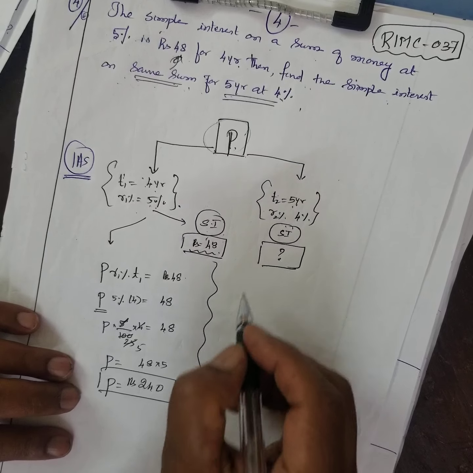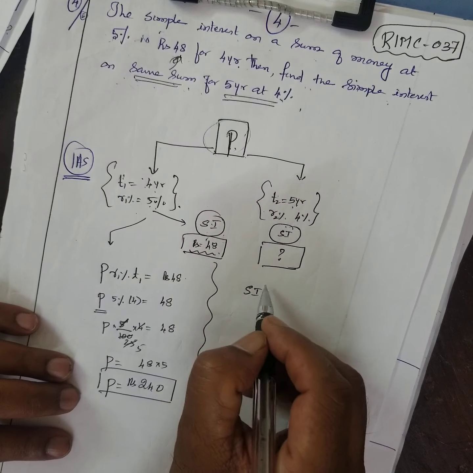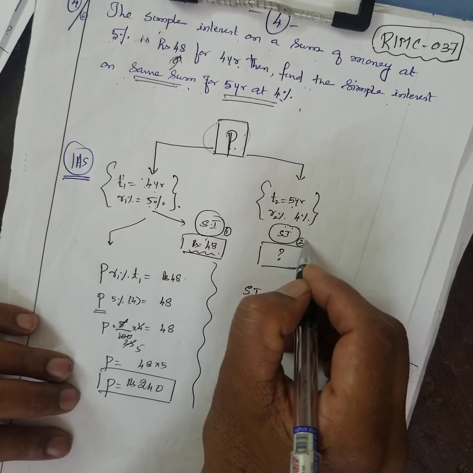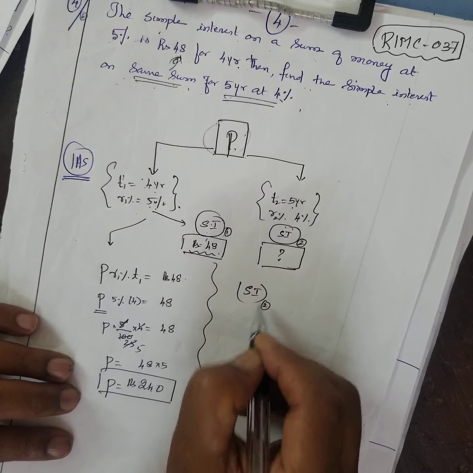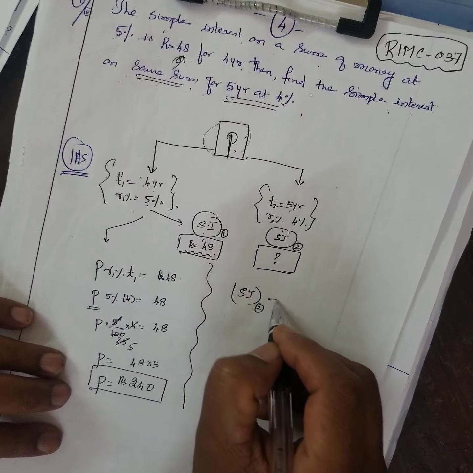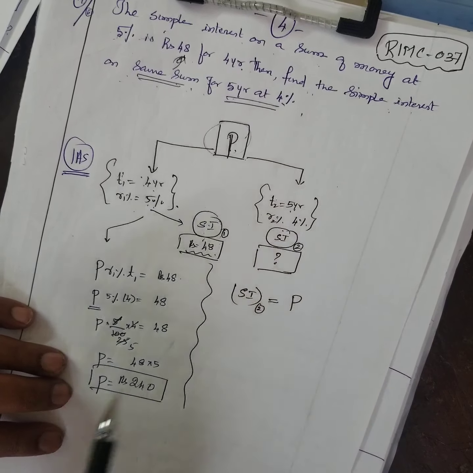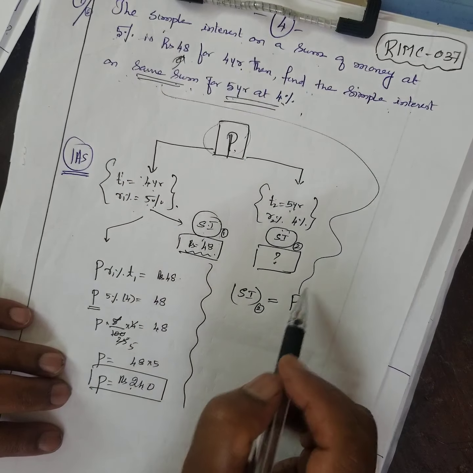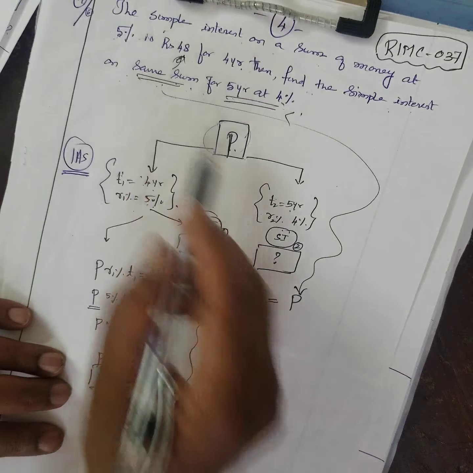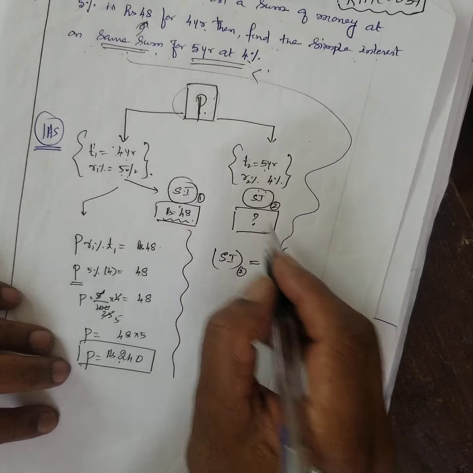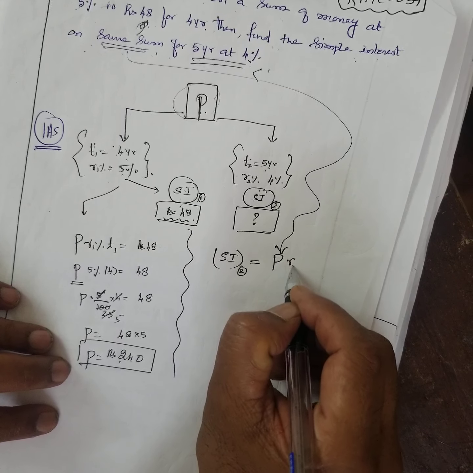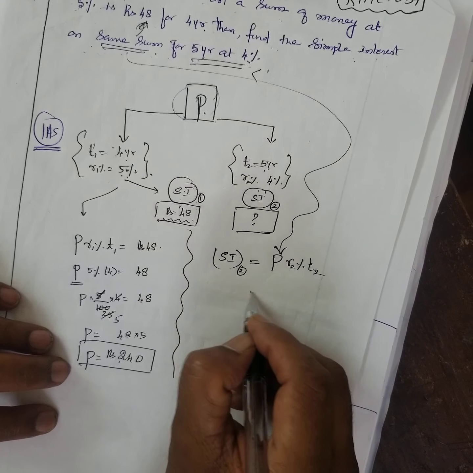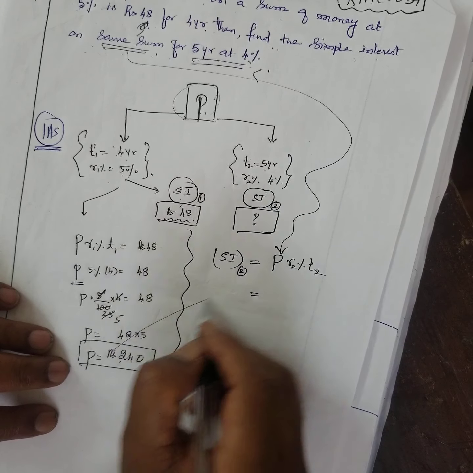Now, what is the simple interest you have to calculate for the second case? For the same sum they have asked. For the same sum, the rate of interest is R2 and time T2. What is this P?